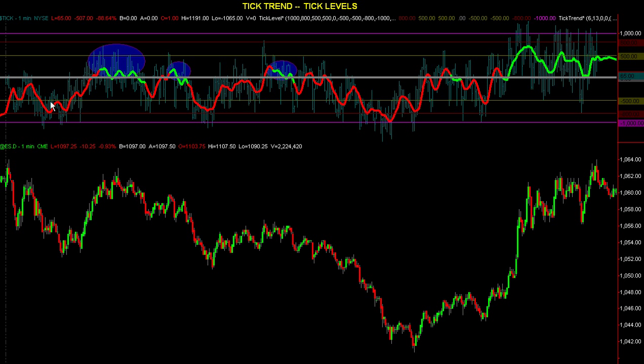And there is also a free strategy that I've included with the ticks and tick levels, just to give those of you who are interested a little bit of an idea of how to use the ticks to construct a strategy. So that's included, and it can serve especially for new beginning traders that haven't put together their own strategies yet.